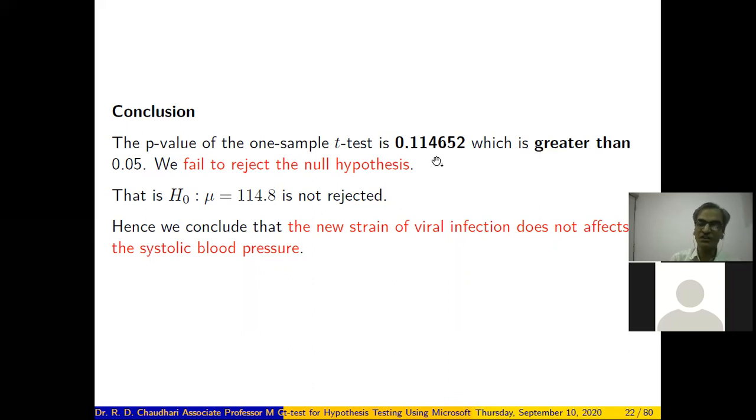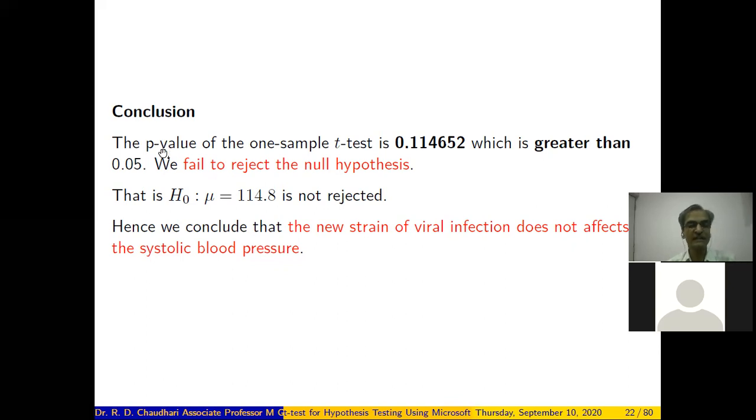In an earlier session by Dr. Paraksha, it was already explained how to compare the p-value. Whenever the p-value is less than the level of significance, we reject the null hypothesis. If the p-value is not less than the level of significance, we fail to reject the null hypothesis.